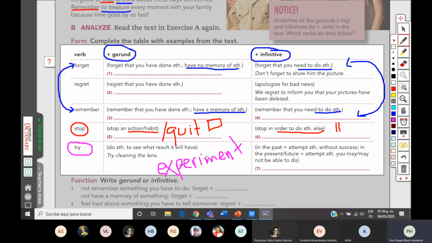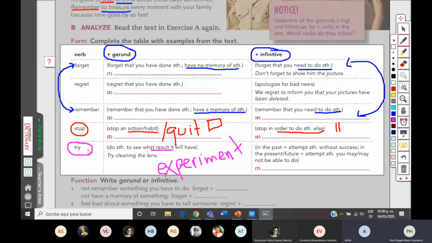It's to do something to see what the result will be. Like an experiment. Maybe you are trying to fix your car and you have been doing many different things and nothing works. And somebody's like, bueno, pues a ver, trata de hacer esto, a ver si funciona. So let's try doing this. Try moving this thing around. Try changing this, whatever. It's as an experiment to see what the result is.